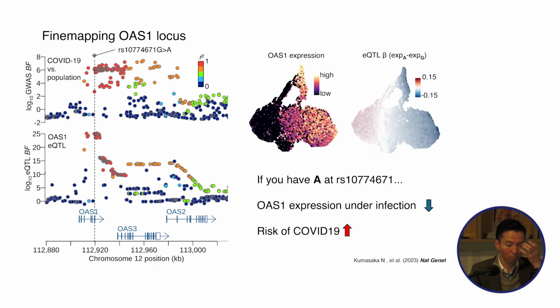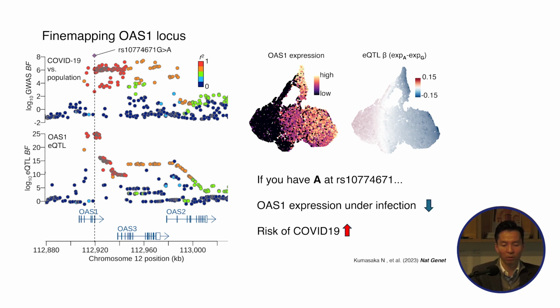And to use this information, we discovered that the COVID-19 GWAS association in the OAS1 locus is actually an eQTL under the virus infection. So OAS1 is highly expressed in the cells at certain time points after cell stimulation, which means cells are reacting to some viruses.